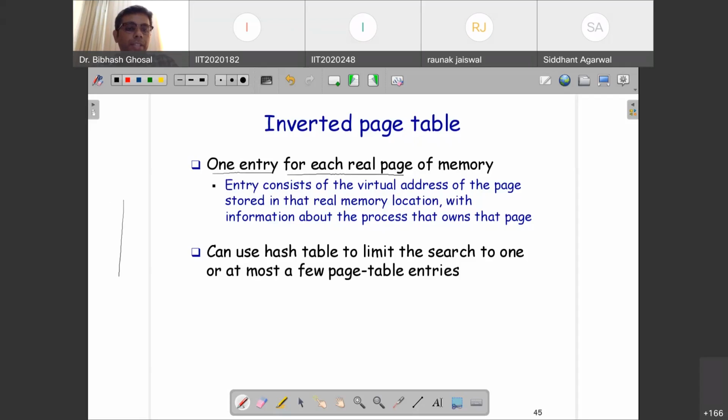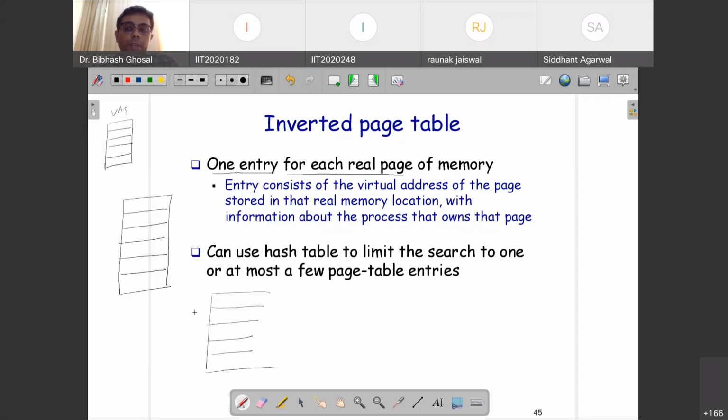Usually, the number of page table entries is decided by the virtual address space. The virtual address space is split up into a number of pages, and I have that many entries. Can it be the other way around? Now my page table will be based on the number of frames that I have, not on the number of pages.